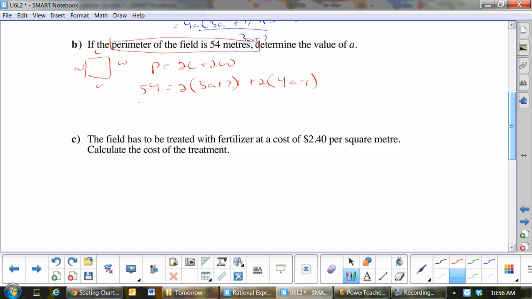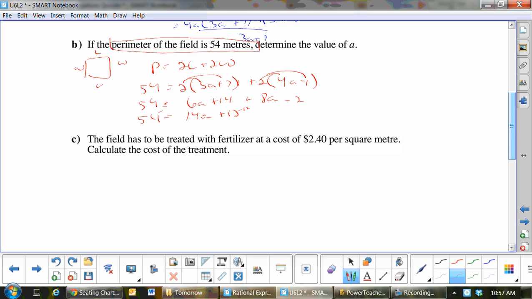Okay, so then all you have to do is go 54 equals, and I'm going to multiply this in. That's 6a plus 14. Multiply this in. That is 8a minus 2. So 54 equals 6a plus 8a is 14a plus 12.